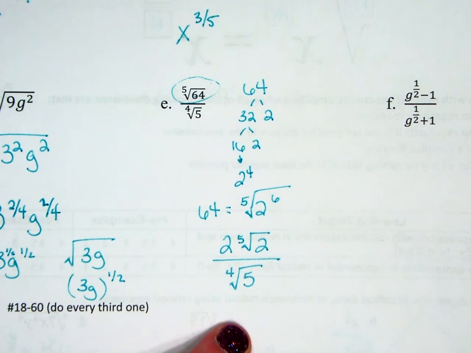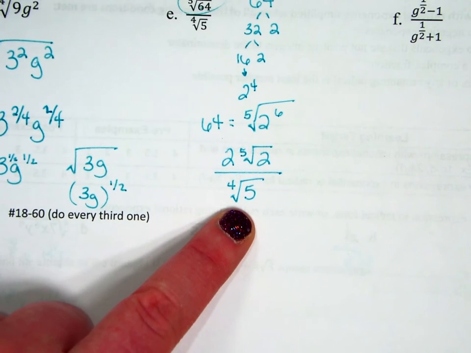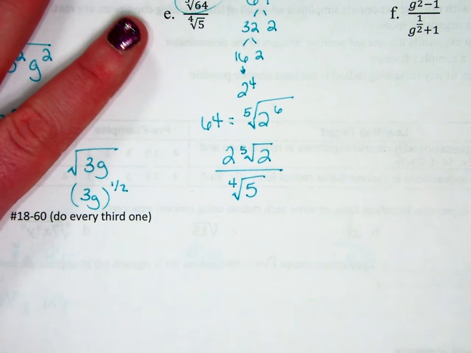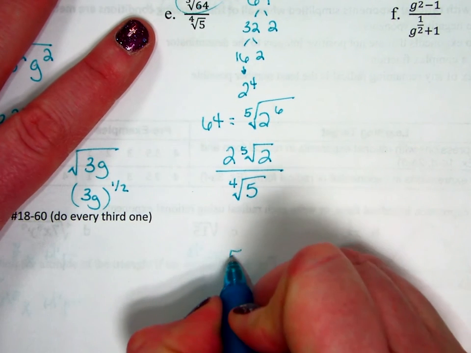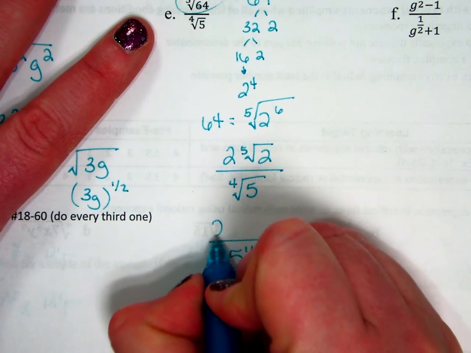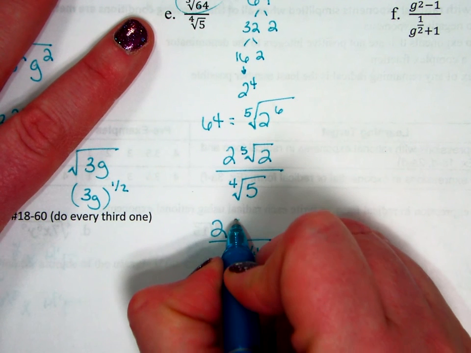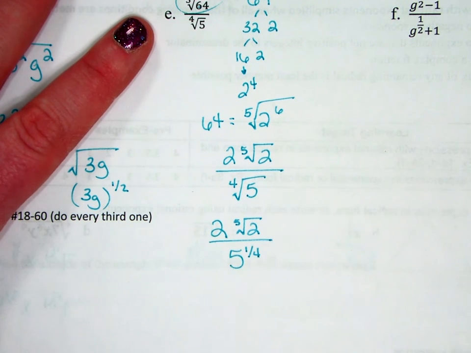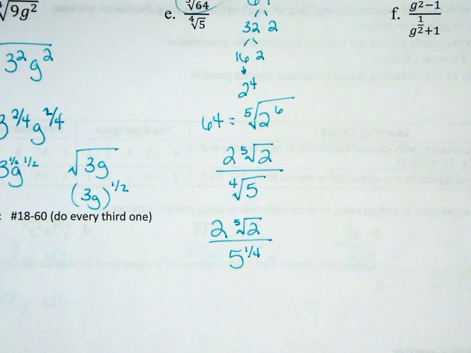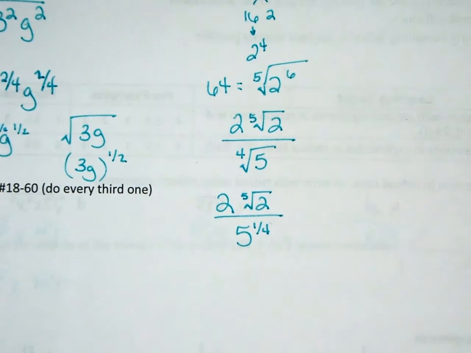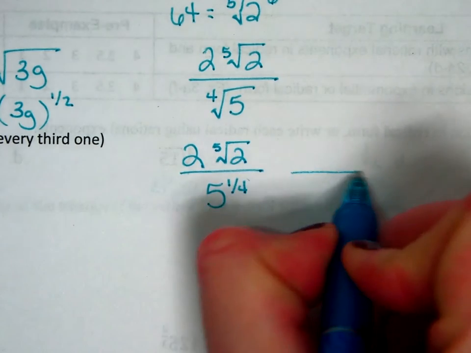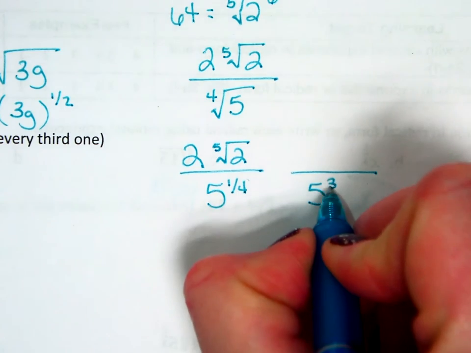Now with this problem, you need to rationalize. I have a better way of rationalizing as I like fractions. So if I write 5 to the 1/4, and this is 2 times the 5th root of 2, I need to rationalize this, so I need to make that a total of a 1 as an exponent. So if I have 1/4, I need to add 3 more fourths. So I'm going to have 5 to the 3/4.